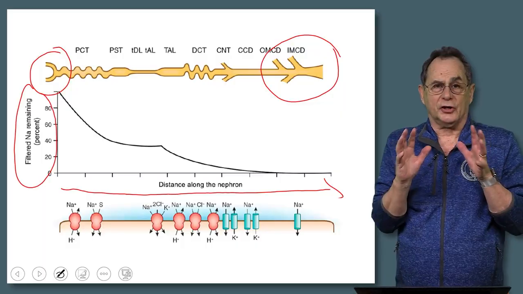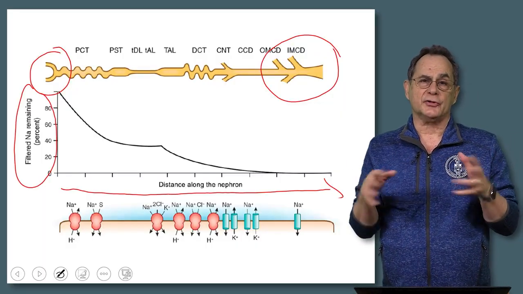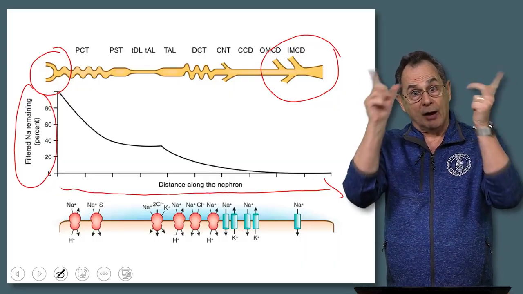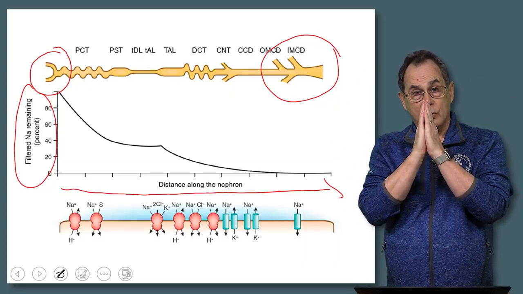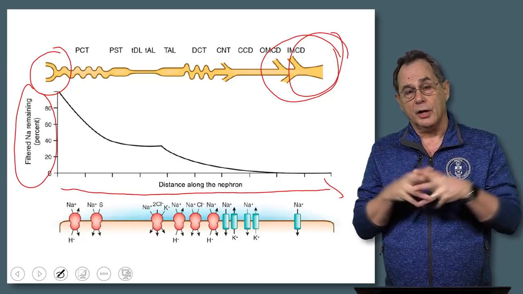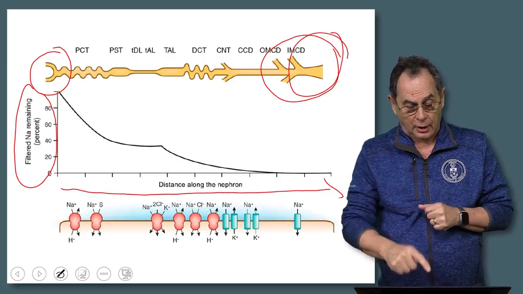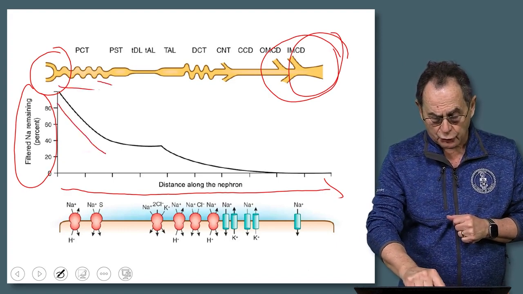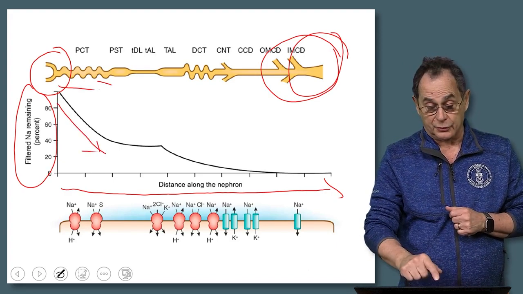It's almost as if you can imagine yourself sitting in some fantastic voyage where we're sitting there in Bowman space, surrounded by sodium. And as we transit that nephron towards the terminal segments of the nephron, how much sodium is retained. And so you can see that actually as we move through the proximal tubule, there's a tremendous amount of sodium reabsorption.